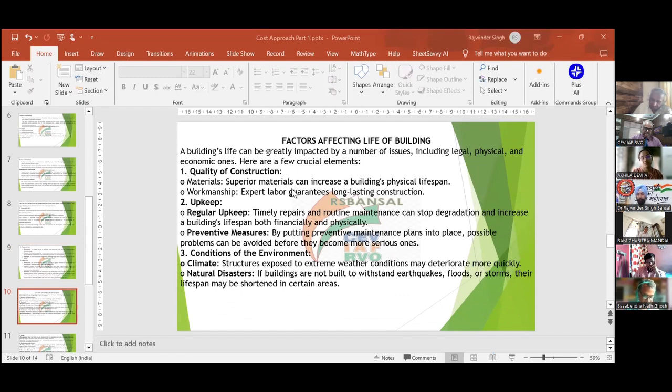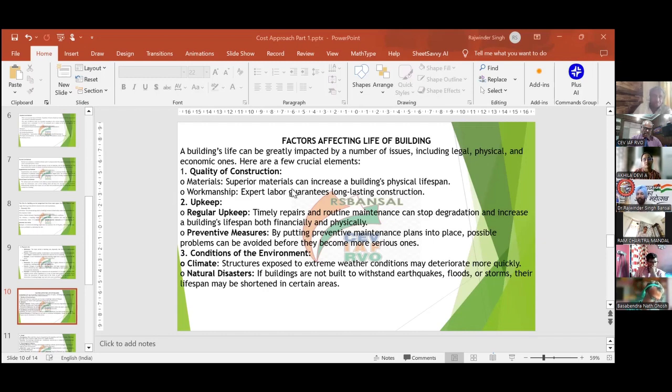Quality will depend upon the material we use and workmanship. These two things will decide the quality of construction of the building. And then upkeep and maintenance. If you are carrying out regular maintenance at regular intervals, that will increase the life of the building.